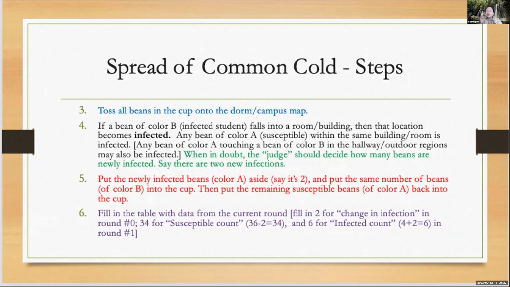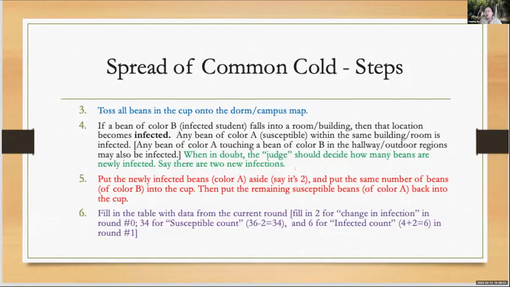And then once we decide some of the beans are infected, we switch their color to reduce the number of susceptible students and increase the number of infected students. So for example, if we have 2 newly infected beans, we switch them from color A to color B, and we put the 40 beans back into the cup again, getting ready for our next round.